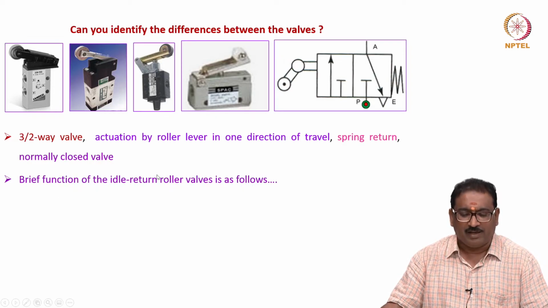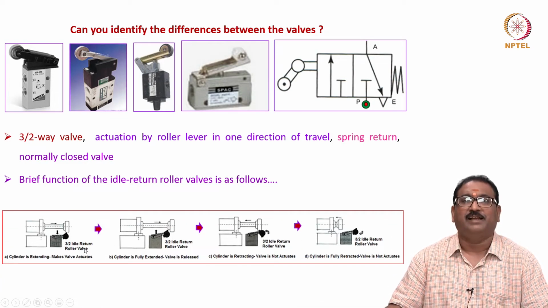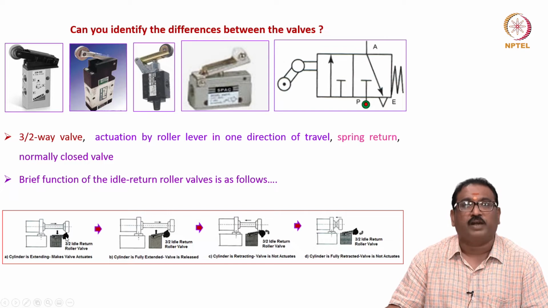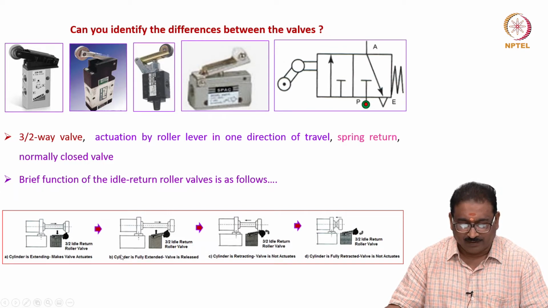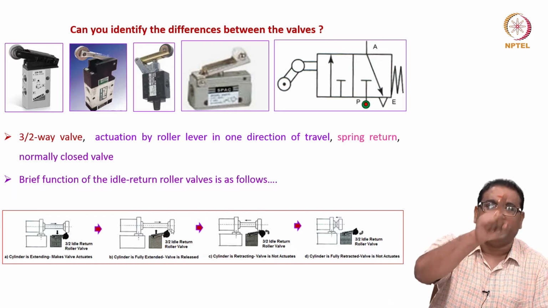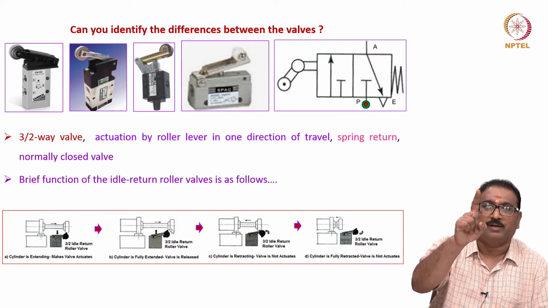The brief functioning of the idle return roller valve was already explained in the previous chapter. Very quickly I will show you. When the cylinder is extending, it makes the valve actuate. You will see it actuates in the extended position. Then when the cylinder is fully extended, the valve is released. It will actuate only when it completely extends, then afterward it will release.